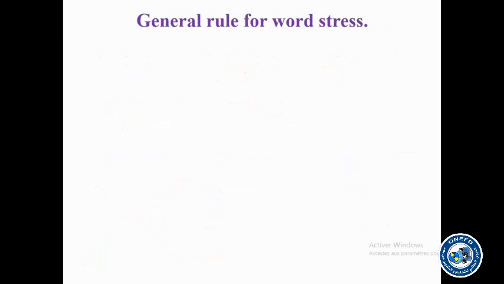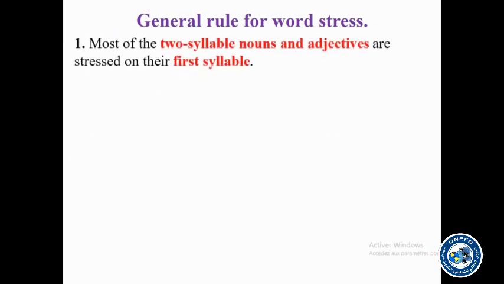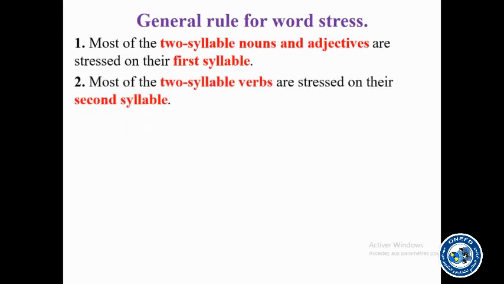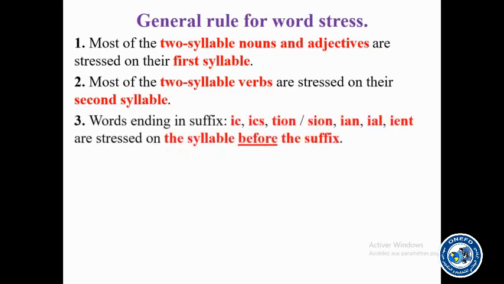So let's see now the general rule as far as word stress is concerned. We have seen this rule together. Most of the two-syllable nouns and adjectives are stressed on the first syllable. Most of the two-syllable verbs are stressed on their second syllable. Words ending in the suffix "ic", we have seen just "ic".